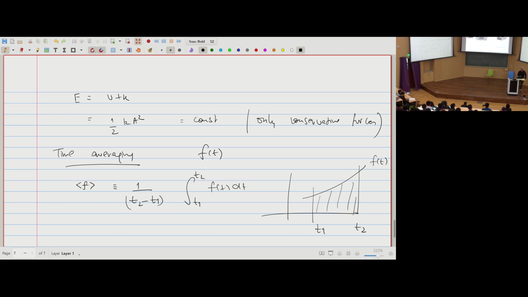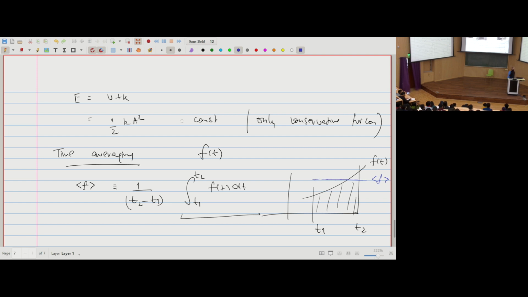So what we are doing is taking the area under the curve between t1 and t2 and dividing that by the interval t2 minus t1. Okay, so this is the time average value.